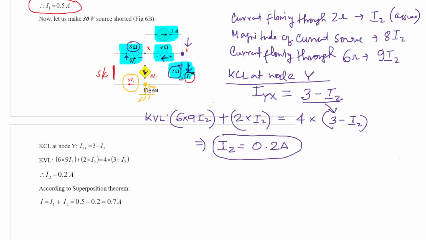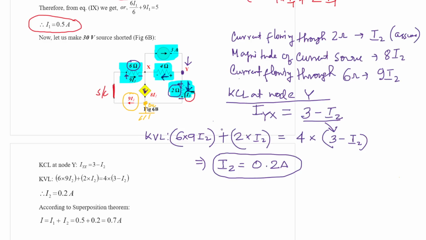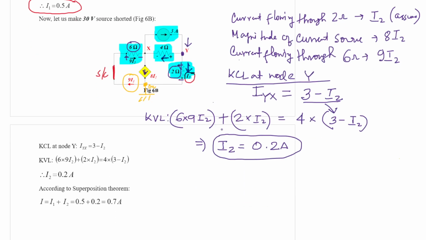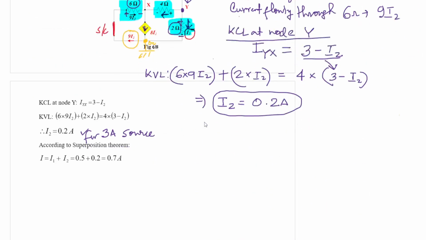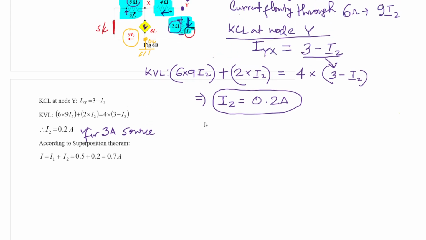This is due to the 3 ampere current source. So initially you solved I1 is equal to 0.5 ampere for the 30 volt voltage source. Now you have solved I2 is equal to 0.2 ampere for the 3 ampere current source. When you consider both sources acting simultaneously, you must add their responses.